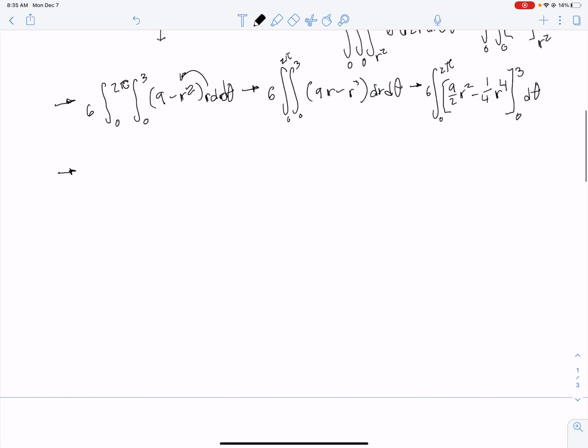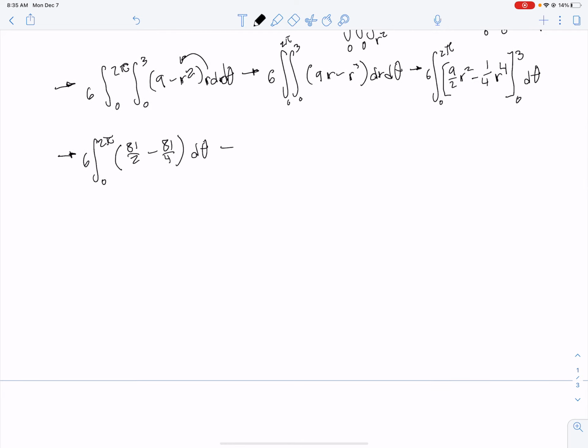Putting in our lower and upper boundaries, we get 6 on the outside, 0 to 2 pi, and 81/2 minus 81 over 4, which equals 81 over 4 d theta. We can simply plug in 2 pi, because there's no inner function like cosine or sine to deal with.